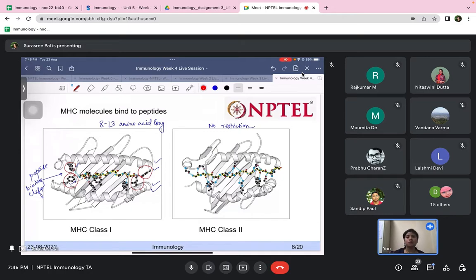Suppose there are two different molecules of MHC class 1; you will find that most of these terminal residues are conserved so that they can help in binding of the antigenic peptide. And here you can see that this particular peptide is lying such that it can fit into this peptide binding cleft, because the ends are closed by this kind of interactions, right?